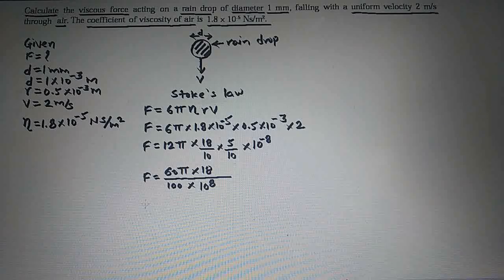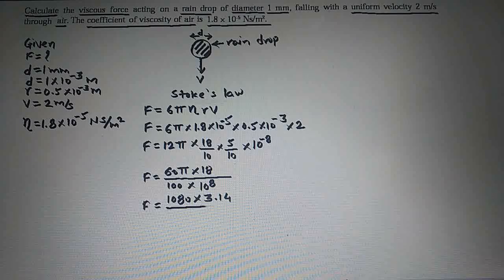Next we will write F is equal to 60 into 18, it should be equal to 1080 into what is pi? Pi is equal to 3.14 divided by this 100 into 10 raised to 8. It should be 10 raised to 10.